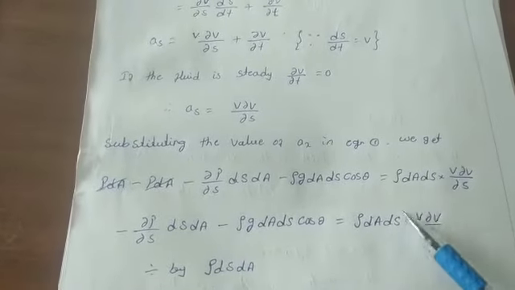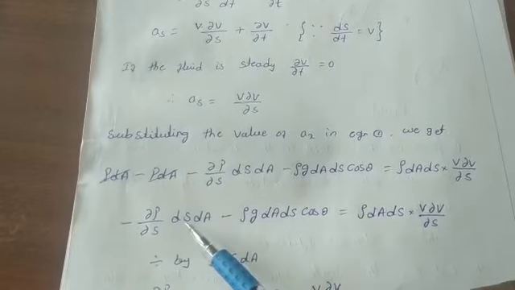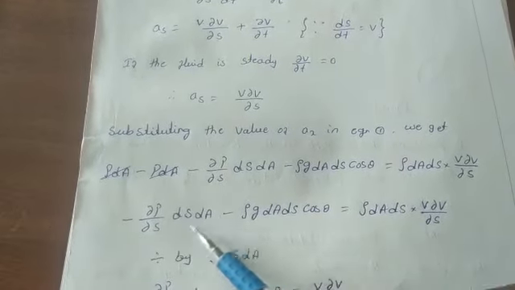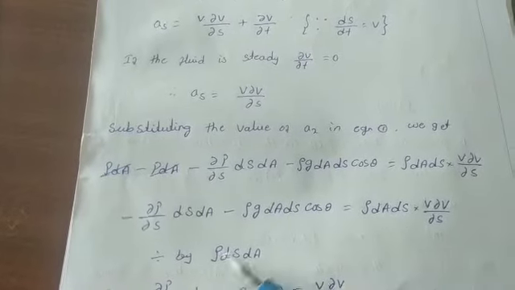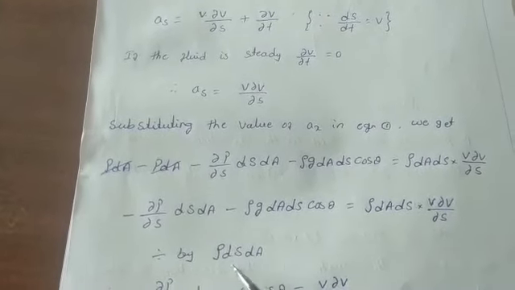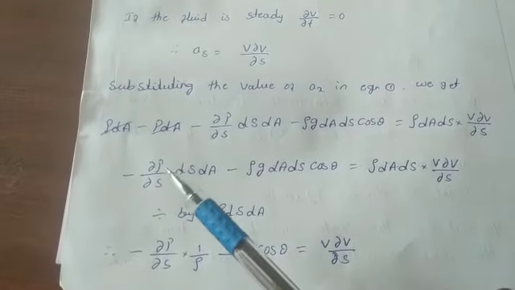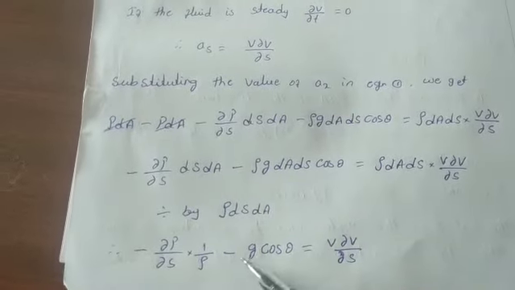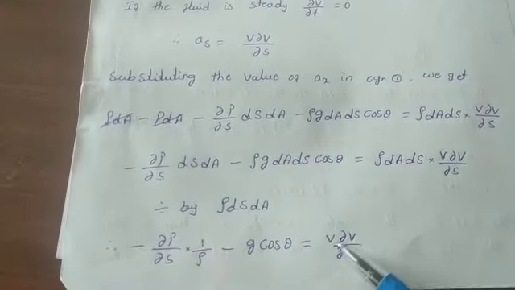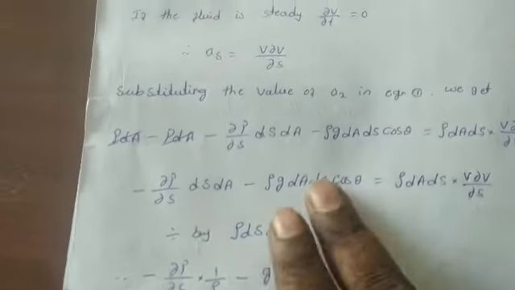Hence this whole equation will be divided by rho ds dA, which is common. So if you divide it like that, the equation becomes dou P by dou s into 1 by rho minus g cos theta is equal to v dv by ds. This is the remaining thing.